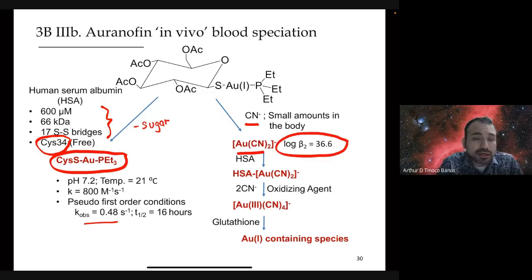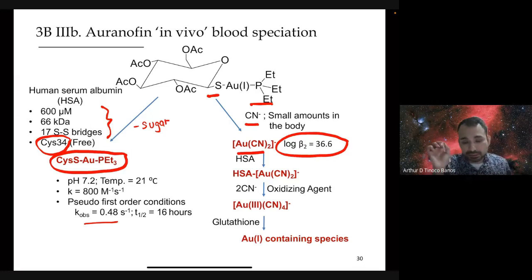So that affinity is sufficiently high that the small amount that is present, let's say in the environment of blood, can potentially result in complete dissociation of the thiol sugar and also the phosphine group, such that it can fully bind to the gold.